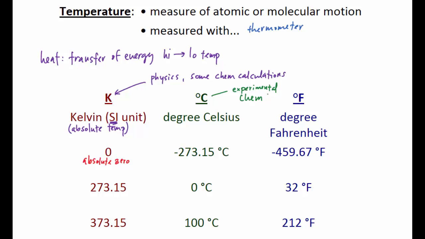Most of the rest of the world has come to their senses and uses the metric system, but we still love our Fahrenheit. So absolute 0 in Celsius is minus 273.15, which means there are no lower temperatures than minus 273.15. Right? Look at that in Fahrenheit, minus 459.67. So it gets way down there in Fahrenheit especially.